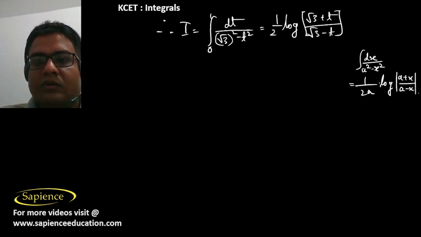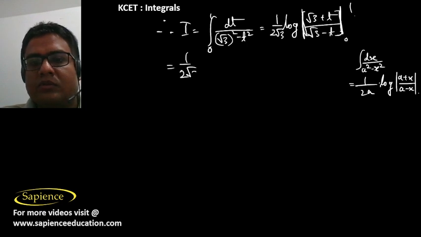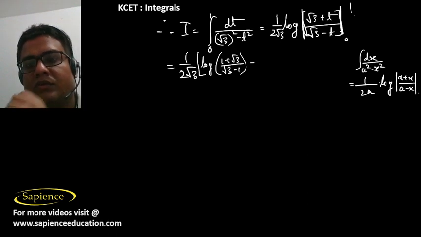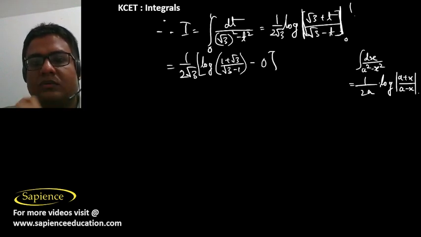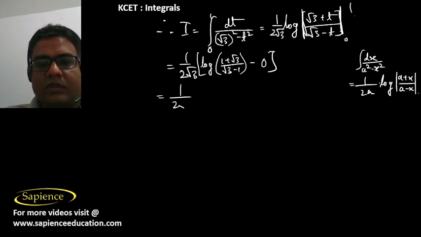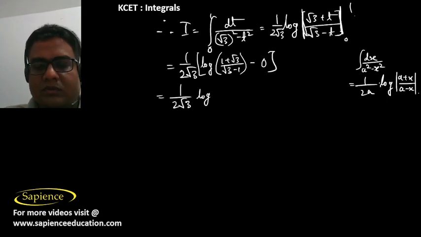This will be 1 by 2 root 3 into log, going from 0 to 1. If I put 1 here, this will be (1 plus root 3) by (root 3 minus 1), minus, if I put 0, this will be log 1, which is 0.